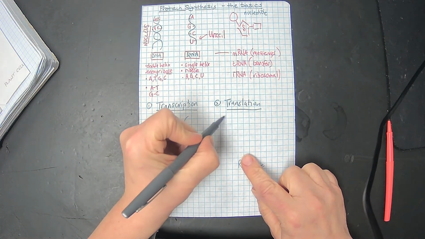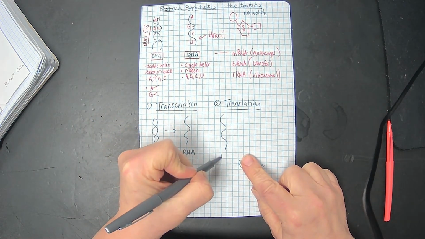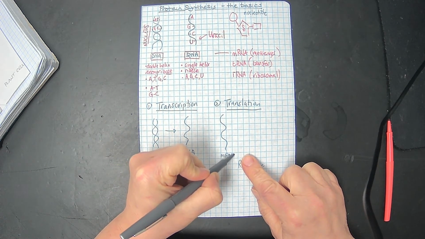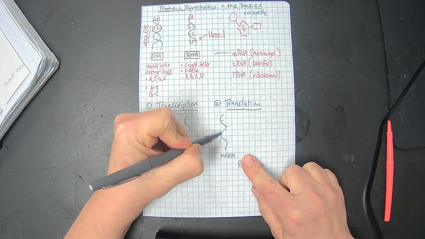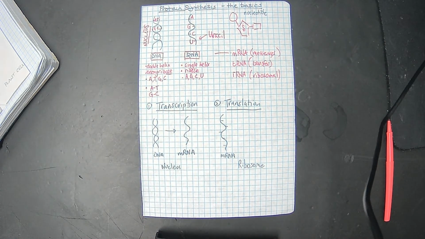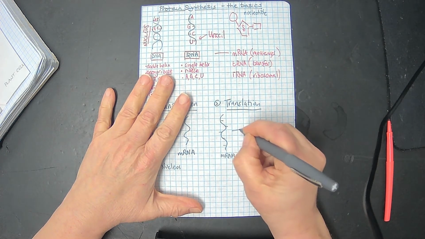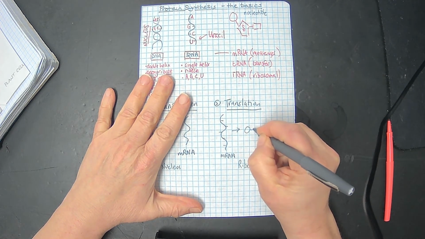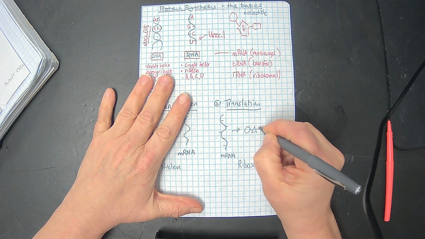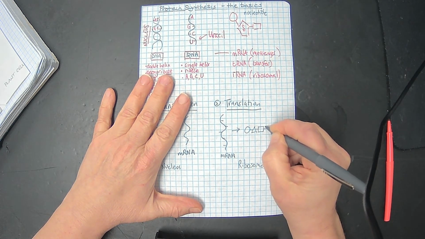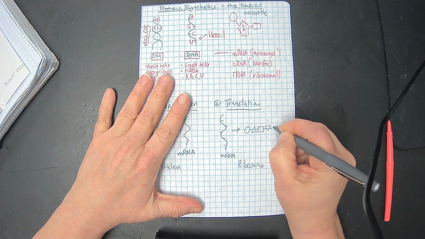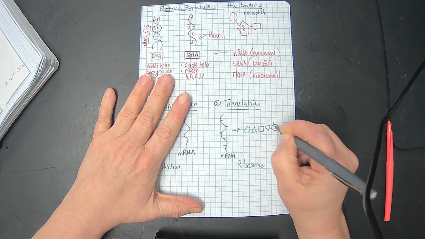Okay, so in translation, we are going to take a strand of messenger RNA, with its nitrogen bases on it, and we are going to use it to put together amino acids. Now, amino acids, if you recall, are the building blocks of proteins.